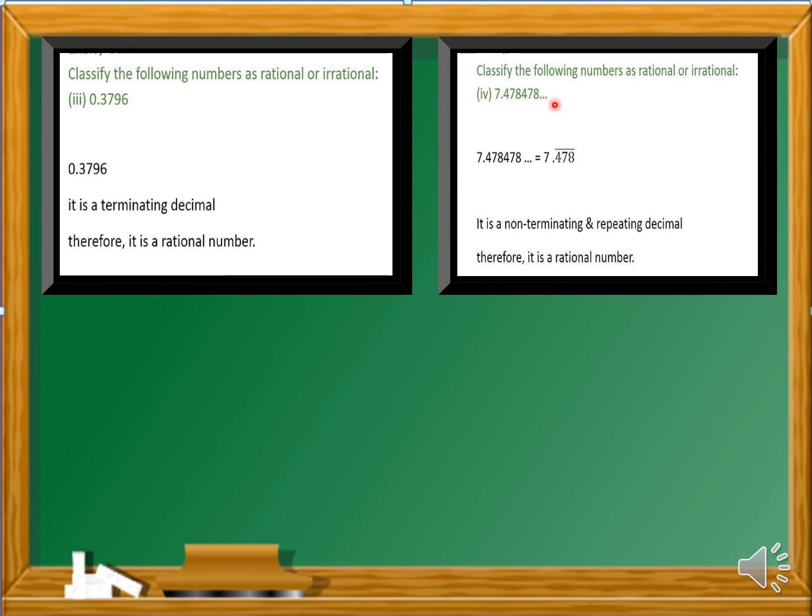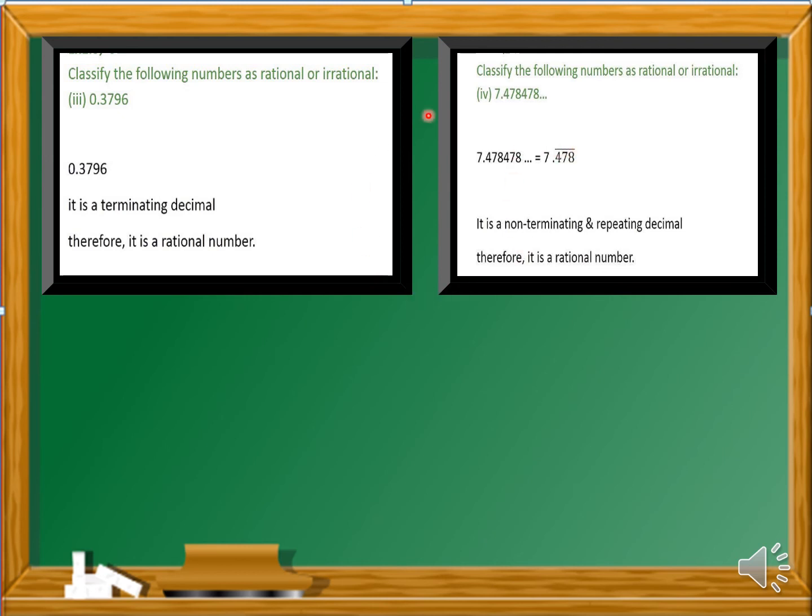7.478 dots. So here you can see the dots. So what does it say? It says that it's not going to end. It is going to be repeating. So the particular numbers, that is 478, are going to be repeating. And we can also say it as 7.478 with a bar. As you can see, 478 is repeated again as 478. So we are going to represent it with a bar.